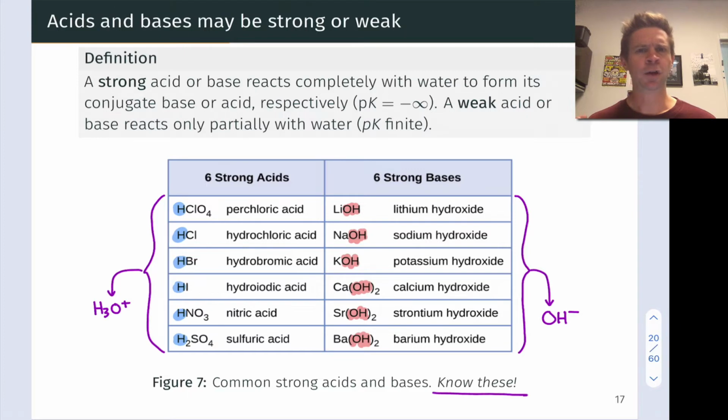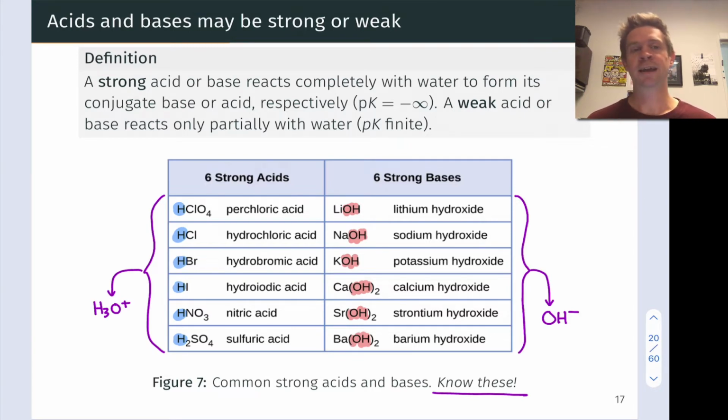And here again, we think about the pKb of these as negative infinity, right? They react entirely to give a full equivalent of hydroxide, and there's no, for example, intact LiOH left when lithium hydroxide is dissolved in water. So pK is negative infinity.